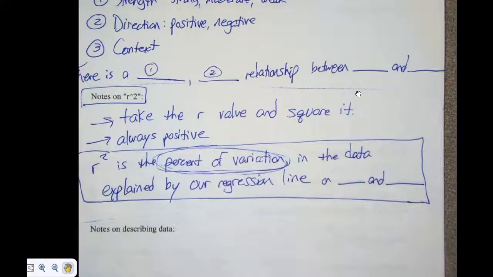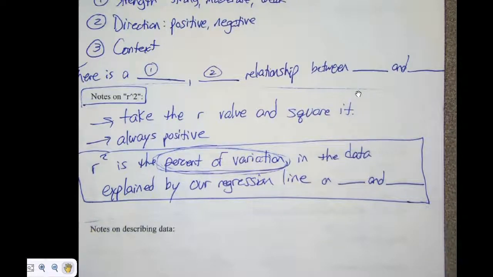So I would say 25% of your grade on the test could be explained by your studying. But what other influences are there on your grade on the test? How smart you are, how much homework you did, how much you paid attention, if you came to class or not, if you brought your freaking calculator or not, if you were on time or not. There's all these other things.